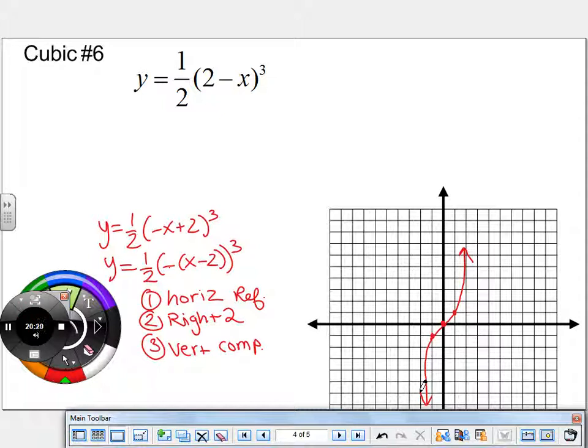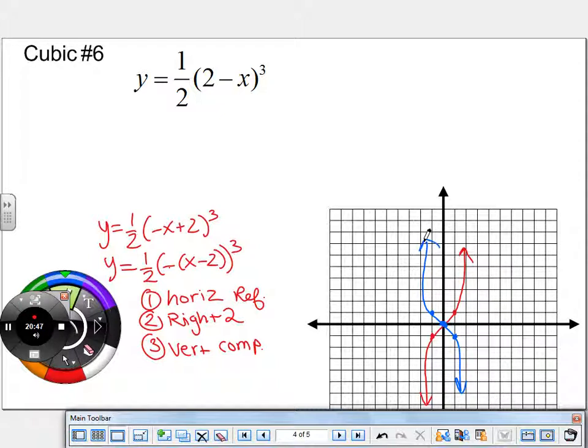So then what's going to happen if we do a horizontal reflection with this graph? Good. Yeah. So the vertex stays, and what was on the right becomes on the left, and what was on the left becomes on the right. So this point's here, and now our graph would go in this direction.